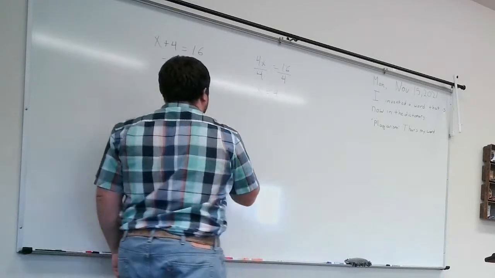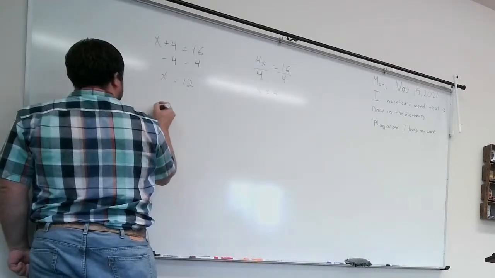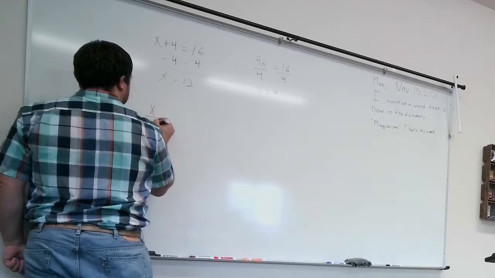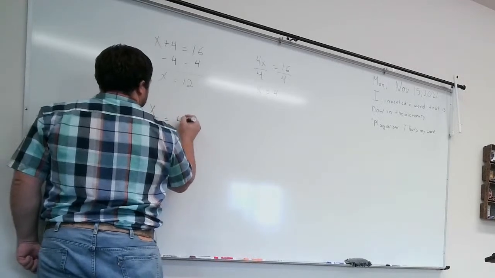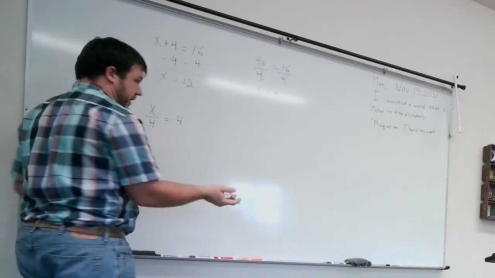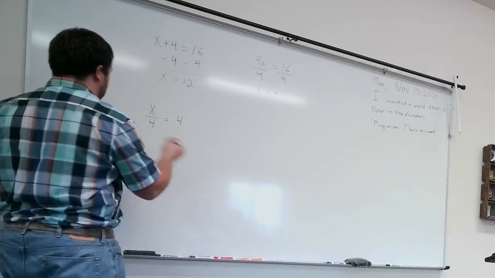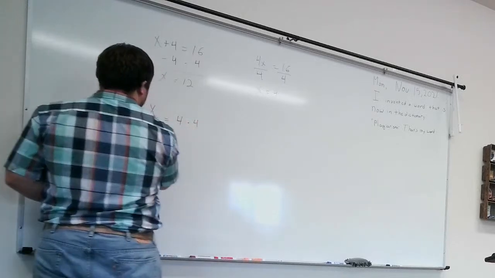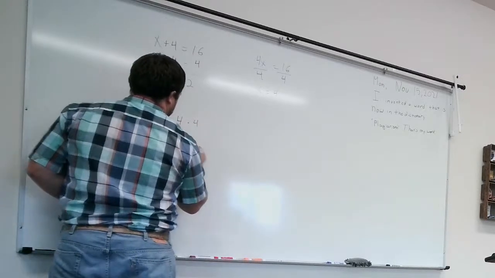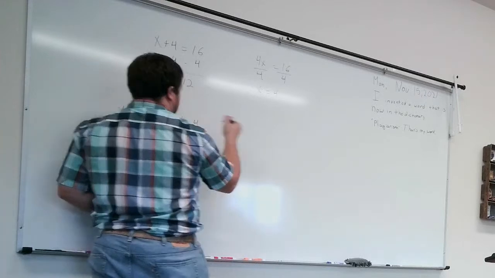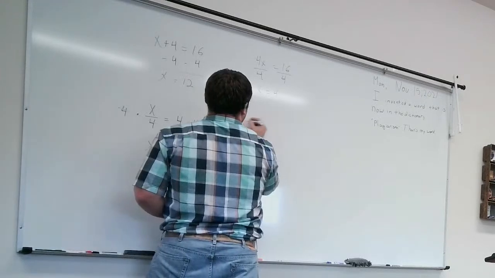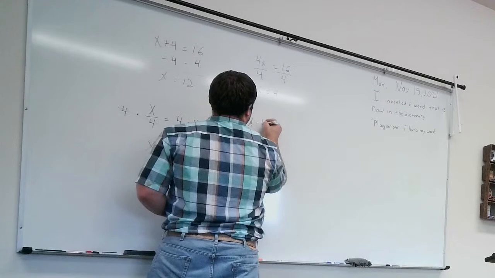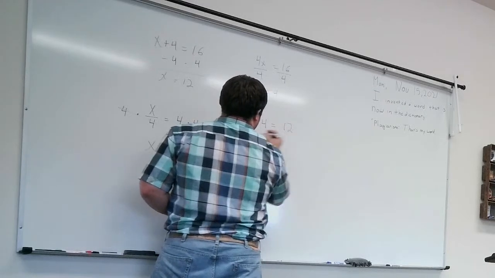If you have division, you multiply. This is standard, so you just do the opposite. So you multiply by 4. x equals 16. If you have subtraction, you add.